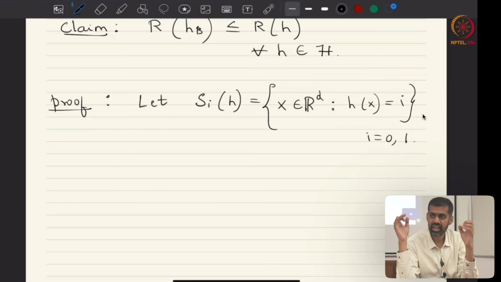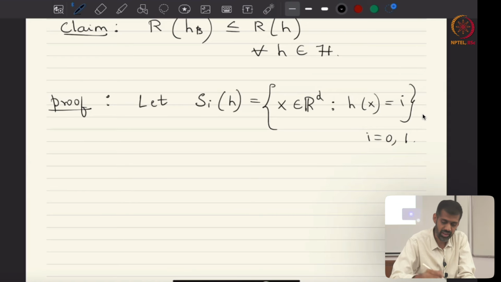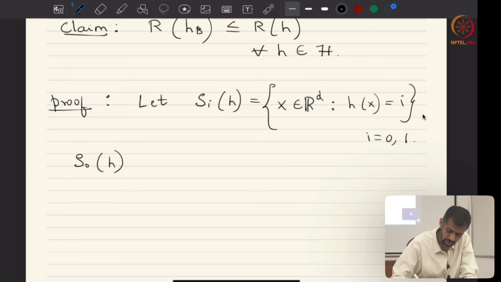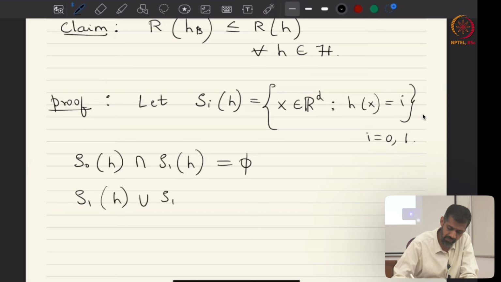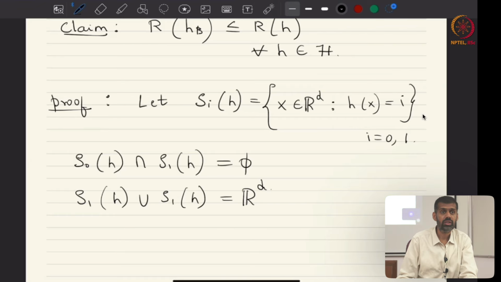I partition this R^d into two non-overlapping sets. I will also write that S_0 of h does not intersect with S_1 of h, and the union of these two is R^d.